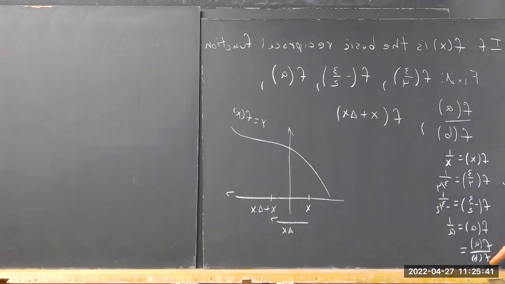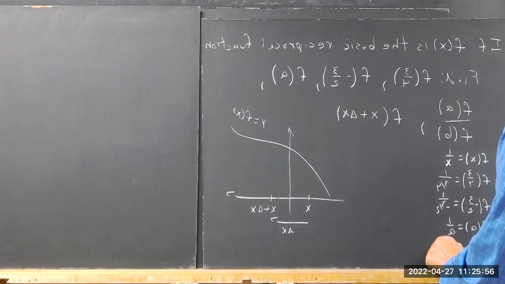This is not necessarily f of a over b. I'll give you an example in a minute where it isn't. In this case, it is, but you can't assume that it is. You've got to do the substitution, one step at a time. And one step at a time is that f of a is 1/a, and f of b is 1/b.